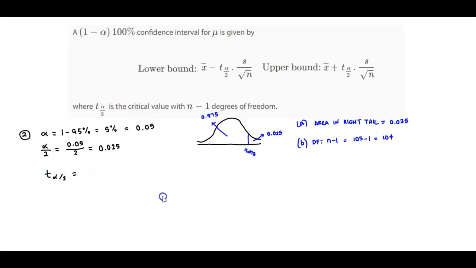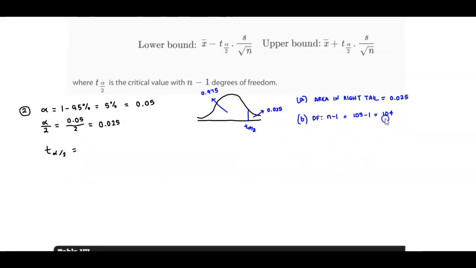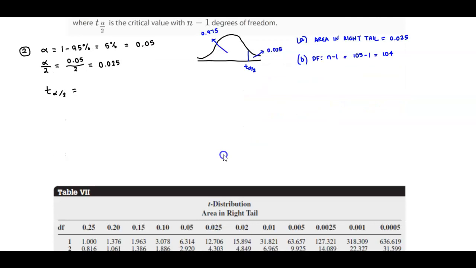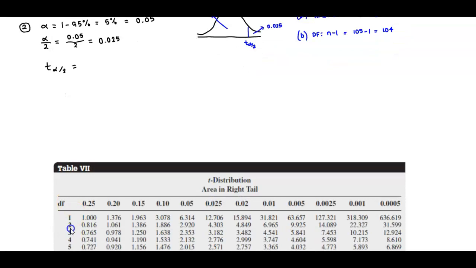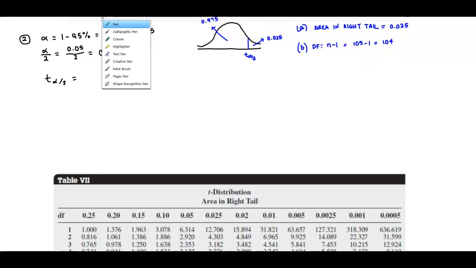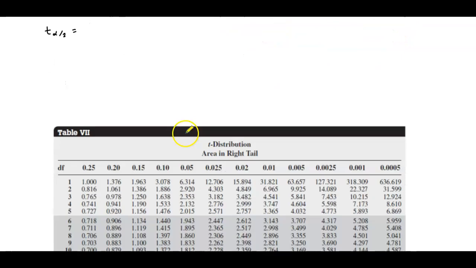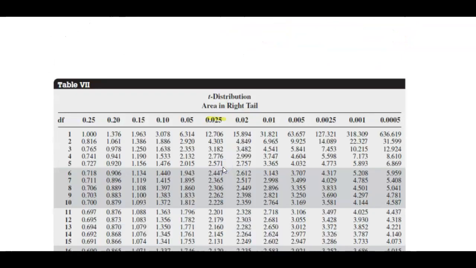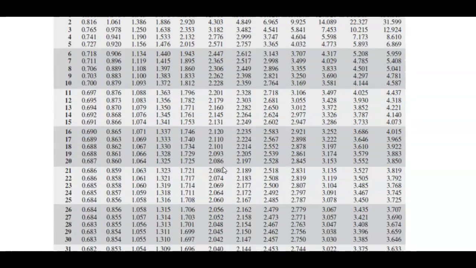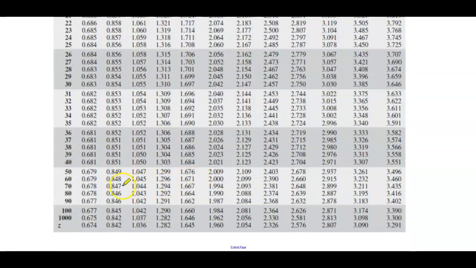So we're going to use our chart. The column on the left is the degrees of freedom, and the top is the area in the right tail. We can see here that the area in the right tail is given by 0.025. We also see the value of 100 down here, and we don't see 104, so when you're using a chart, you pick the one that's closest to that number, which is 100.